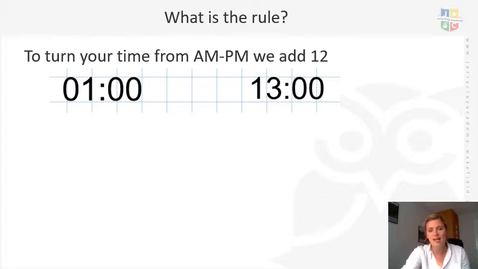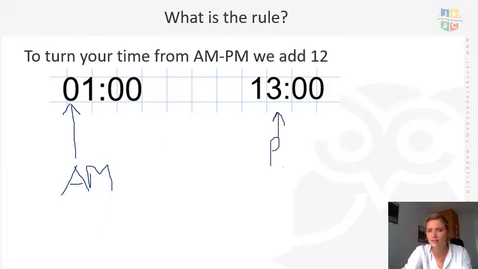So looking at these two, we can have a look to see if the rule works. So this number here tells me that it is 1 o'clock in the morning, because remember, the 0 at the start tells me that this is AM. Now remember that we also know that this number here is PM. Why again do we know that this time here is PM?